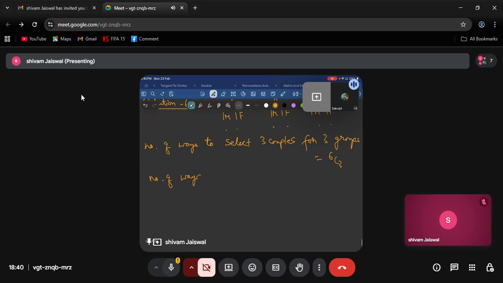Number of ways to put 3 males in these 3 groups. There are 3 males and 3 groups. In how many ways can it be done? 3 factorial ways, yes.